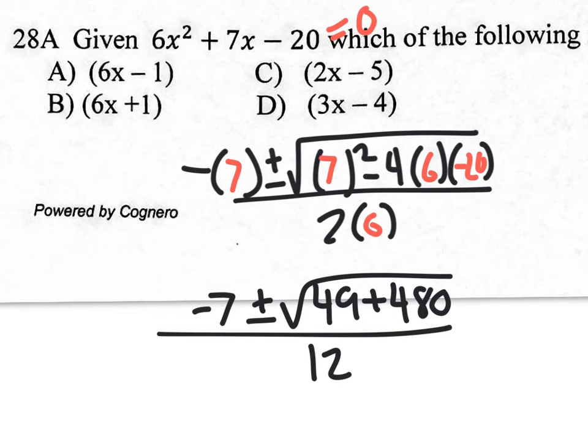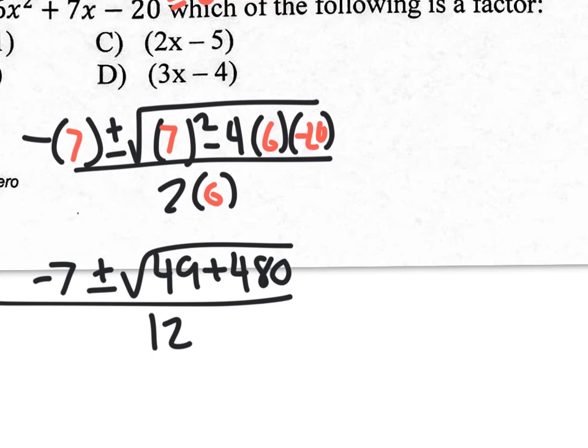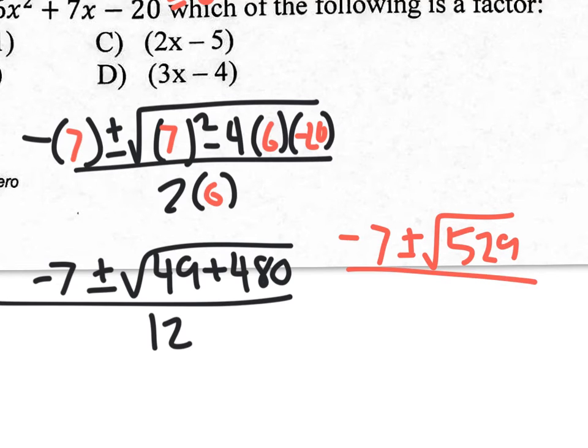Now if I go 49 plus 480, I get 529, and if I take the square root of 529, I'll get 23. Okay, so once again, I get -7 plus or minus the square root of 529 over 12, and the square root of 529, if you do it on a calculator, is 23.